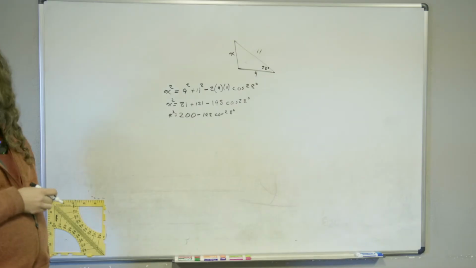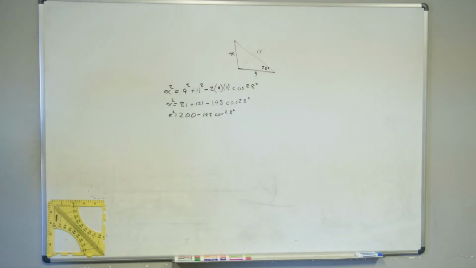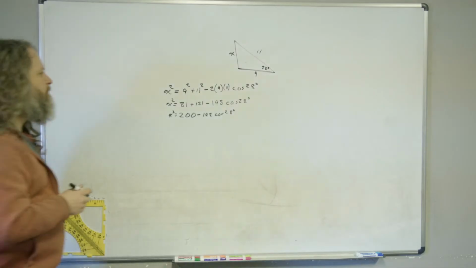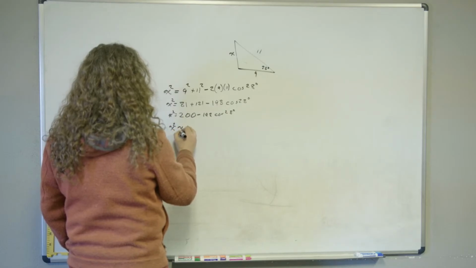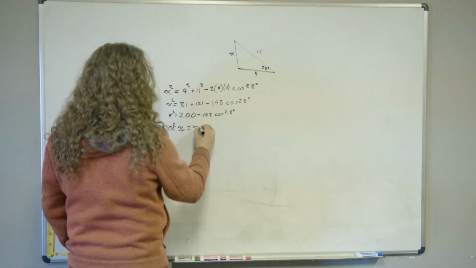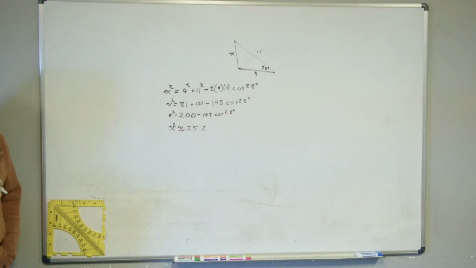198, yep. Well, that's what you told me. I didn't double check it. So what do we get right there? 25.2-ish. So get rid of that squared. What's the last thing we've got to do?